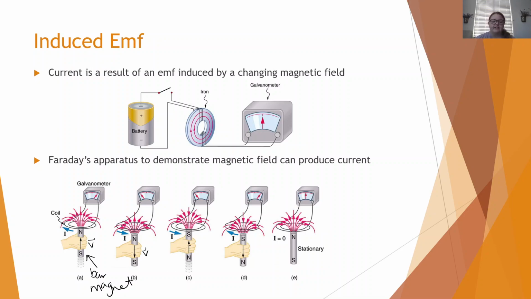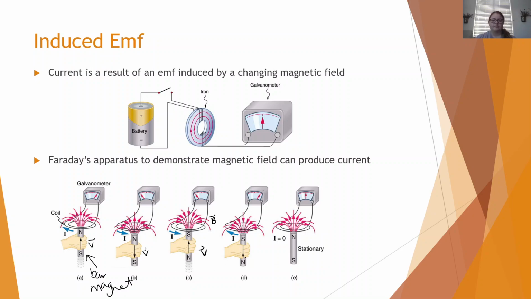Again, the velocity moves in the upward direction. The magnetic field, I should label that B, is now going towards the south pole of the magnet. And so now we have a current that looks like so. Actually, that would be counterclockwise.